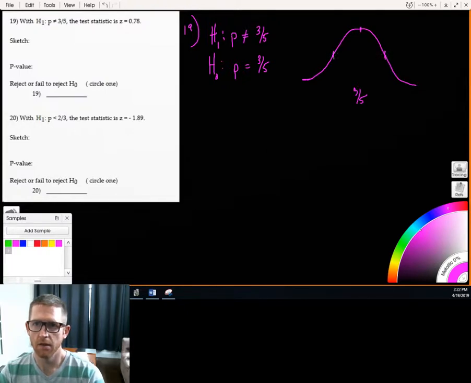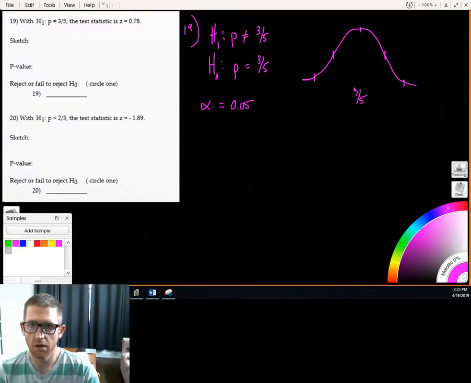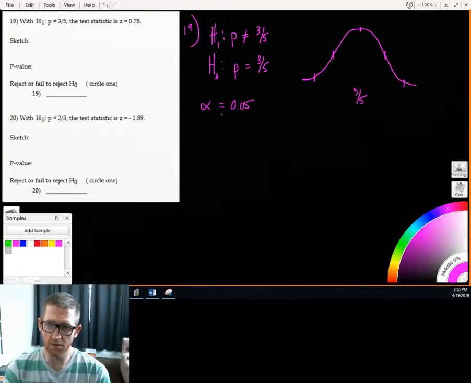So we're assuming a normal distribution, where the value in the middle is 3/5. And we would go out in standard deviations here. We're doing a two-directional test with a significance level we're going to assume is 0.05. So the critical area would be 0.05.